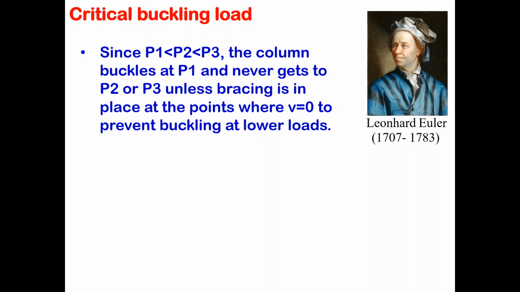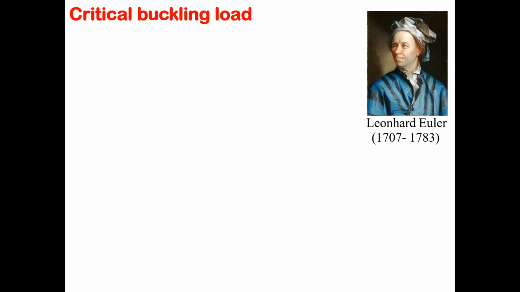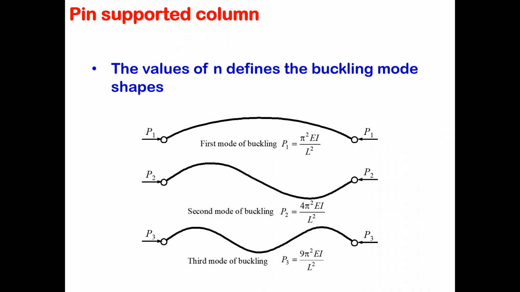And what kind of bracing can we have? That's pretty simple. Let's go back here. I wish I could show this to you in a class, but let's say this is the column. You just hold on to the middle of it with your fingers, right?